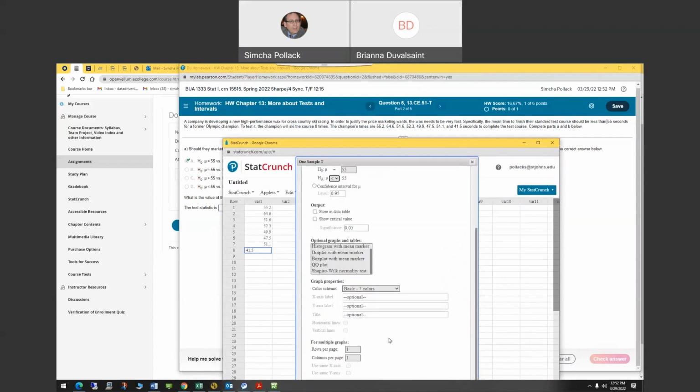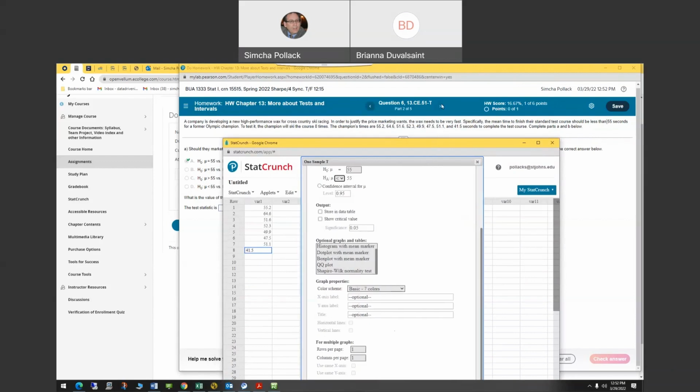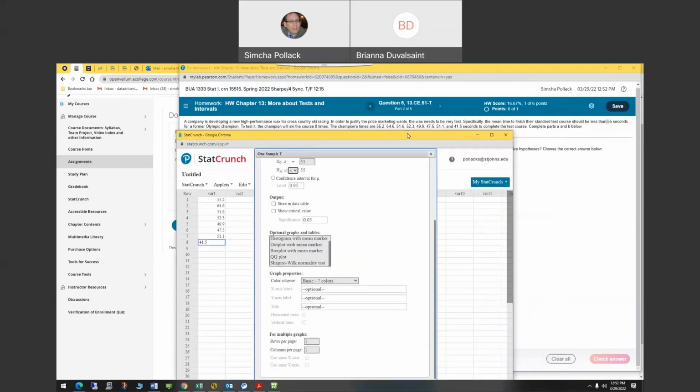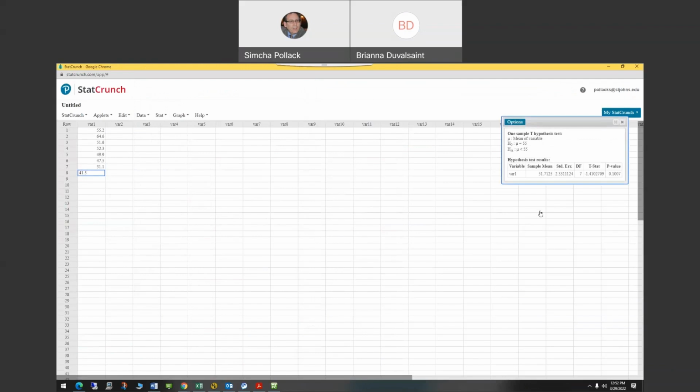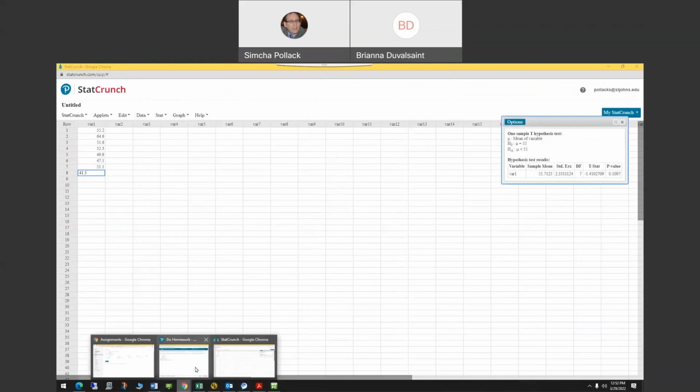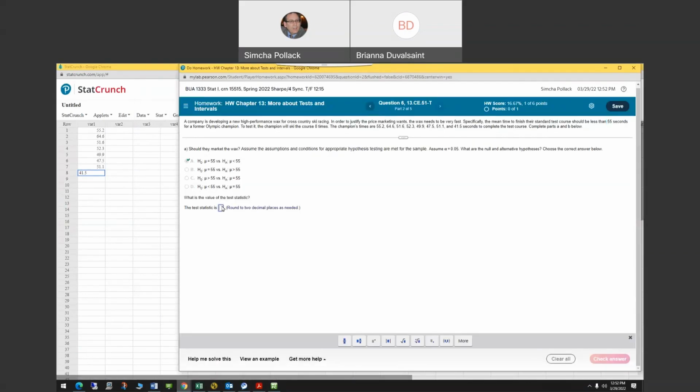We just hit compute, so the t-stat is minus 1.41. That's the number they're asking you to find, I believe. Let's put minus 1.41.